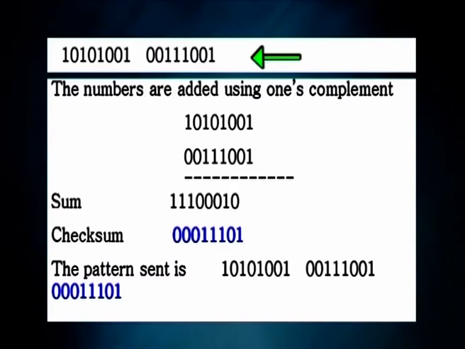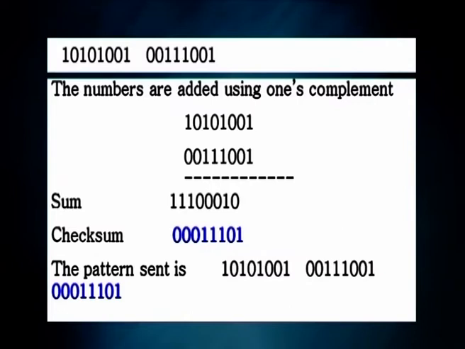Suppose the following block of 16 bits is to be sent using a checksum of 8 bits. The numbers are added using 1's complement. We get the sum as 1 1 1 0 0 0 1 0. The checksum is the complement of the sum, which is 0 0 0 1 1 1 0 1.